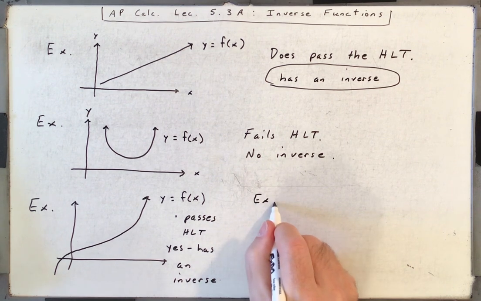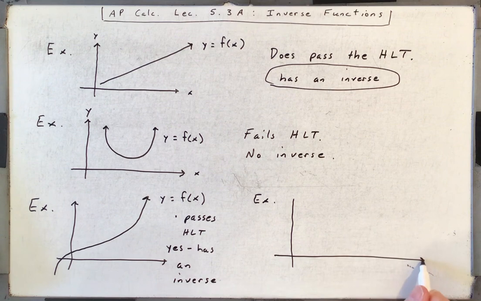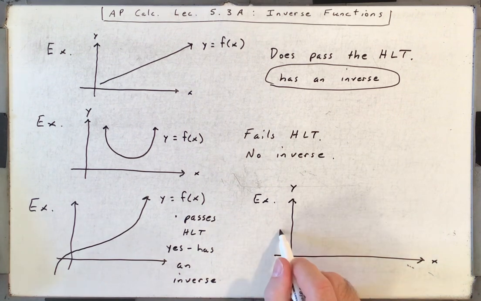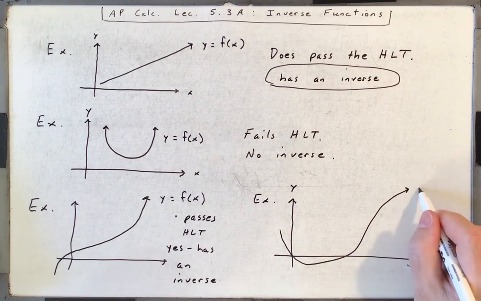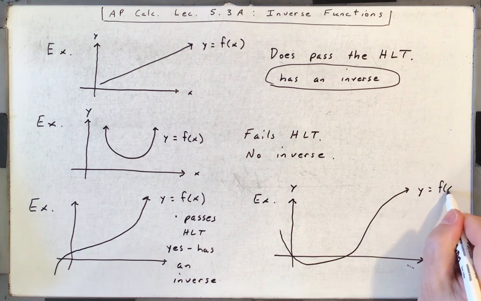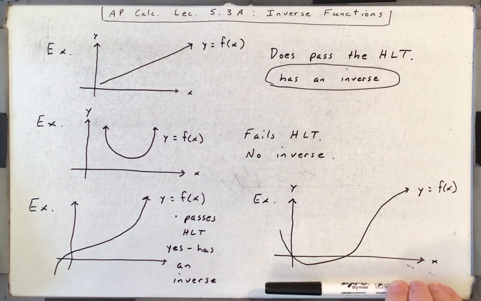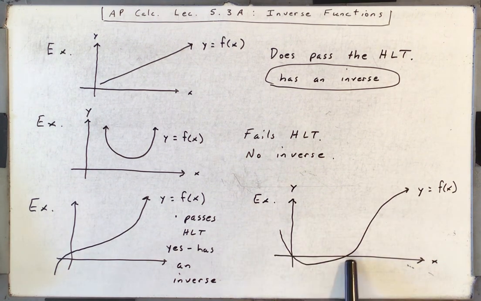And our last graph on this page, so let's just change it up just a smidge here and go like that. All right, and you can see as long as the domain includes all of x, we could cut it off right here and it would have an inverse.